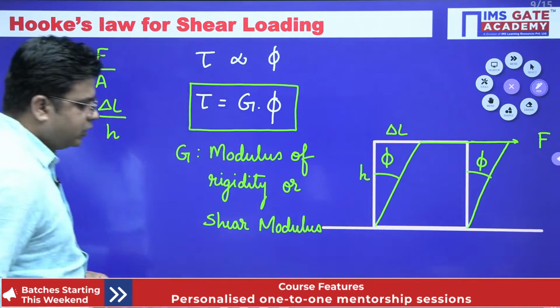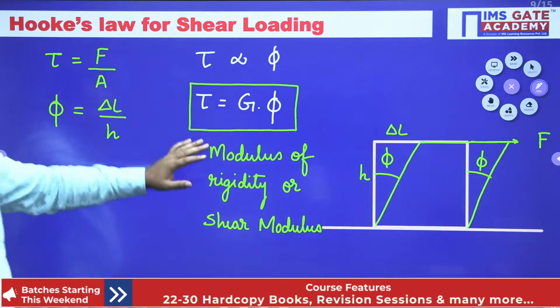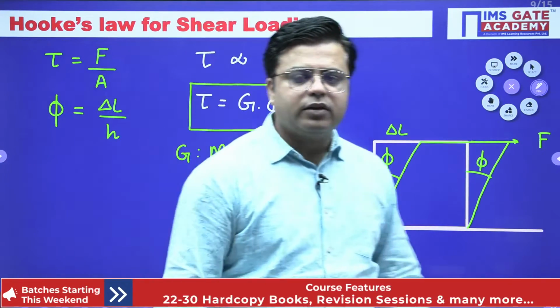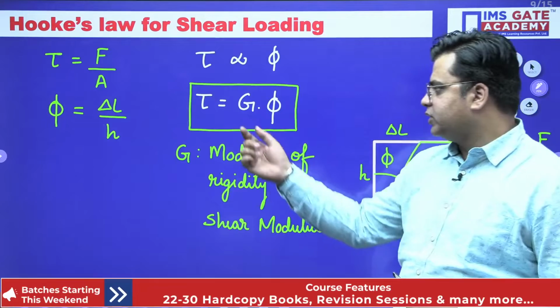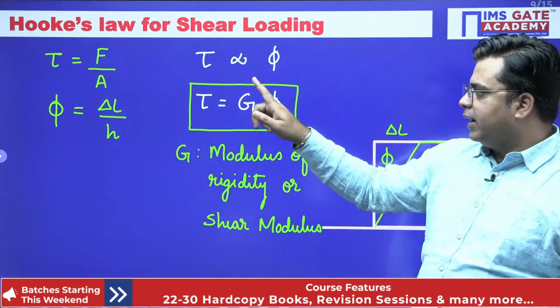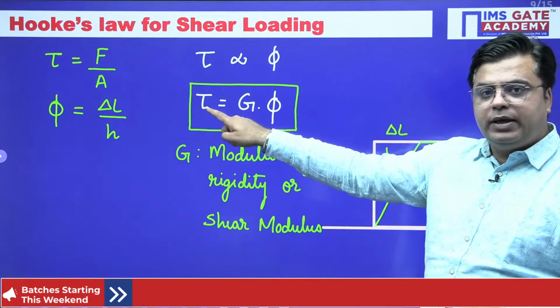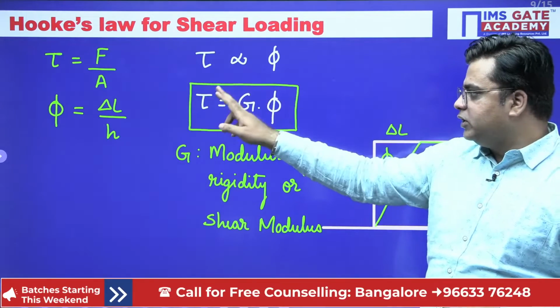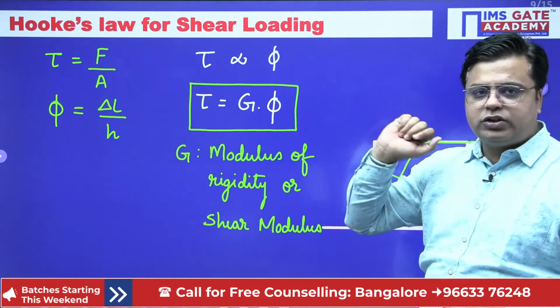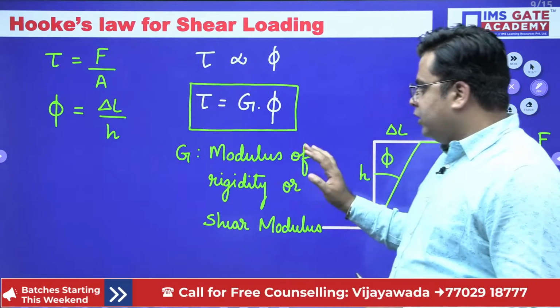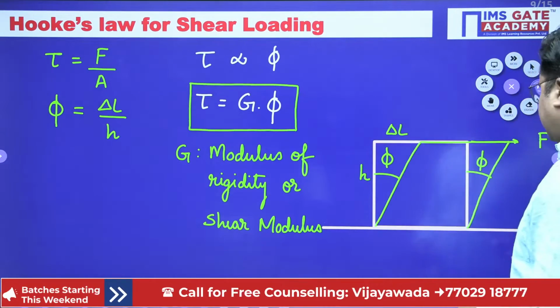So this is the simple relation where Hooke's law is defined for shear stress and shear strain. Again, shear stress will be the dependent variable, depending on your shear strain. So this is the Hooke's law for shear loading.